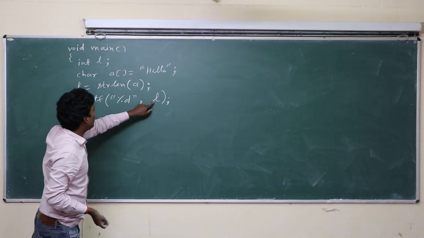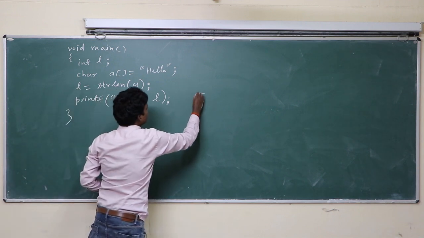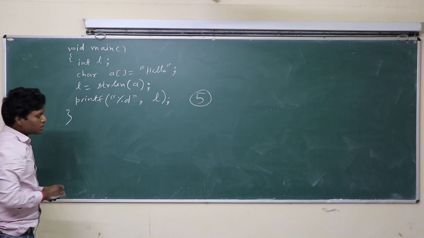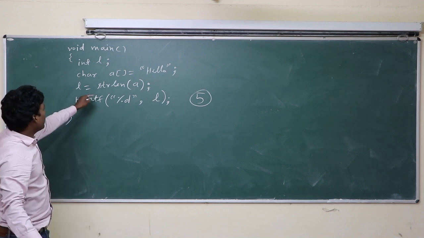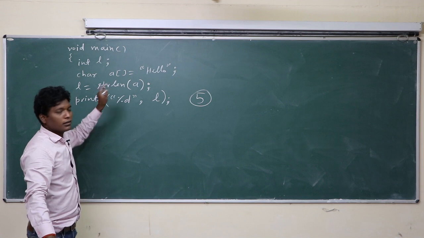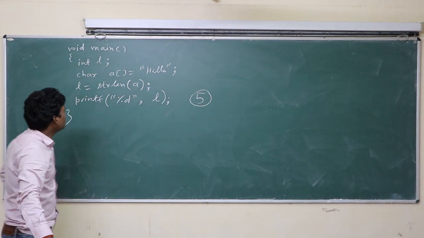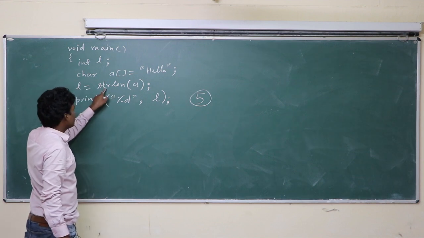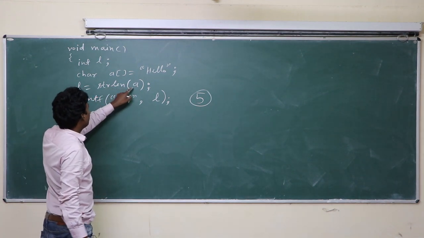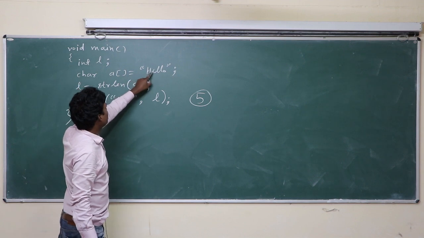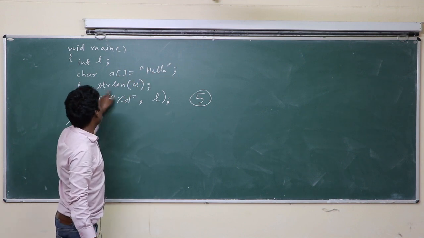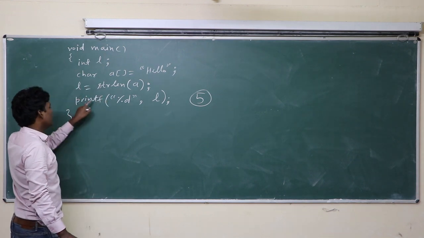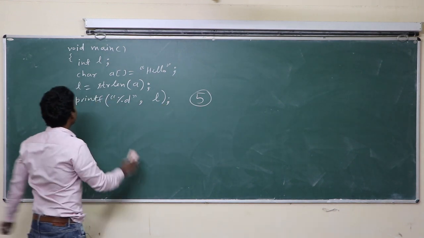Printf %d l, now the output is 5. So here we can see the use of strlen: it calculates the length of a, and we have printed l, that is 5.